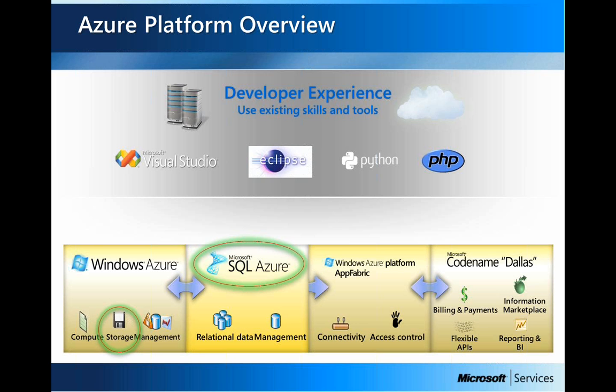Then SQL Azure, which is a cloud-based relational database management system. Then Windows Azure Platform App Fabric, which provides you connectivity using Service Bus and access control for authentication and authorization. Then this is the Marketplace. The code name earlier was Dallas. And I told you we can use the same existing skills and tools to develop our application for Azure.